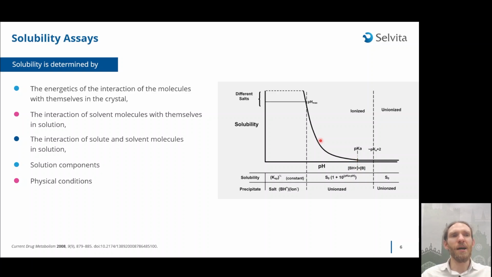When we go down with the pH, the concentration of the ionized form will increase, and so does the solubility of the compound. And we'll get maximum solubility when we maximally ionize the compound, and all the unionized species will be completely ionized, in this case protonated. Let's move on.